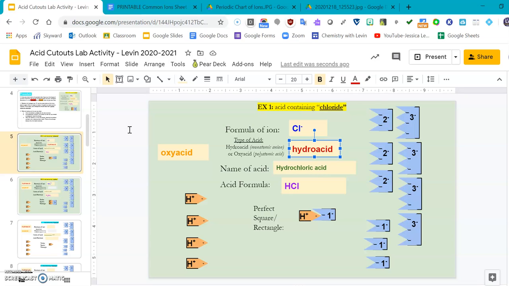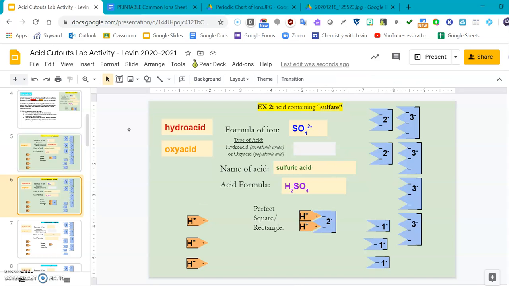The formula for chloride is Cl minus. You can write Cl minus or Cl 1 minus. It's hydrochloric acid. You have an H plus and a 1 minus to cancel it out, and you have your HCl.